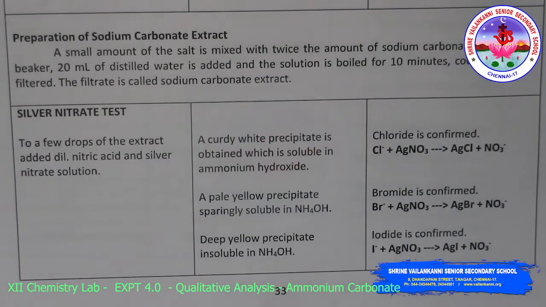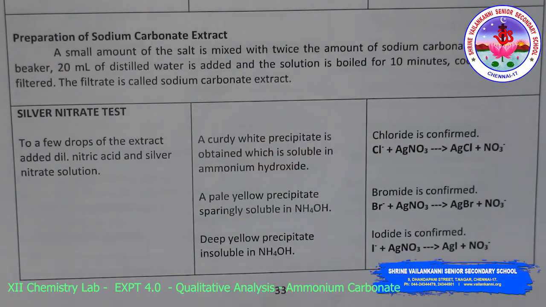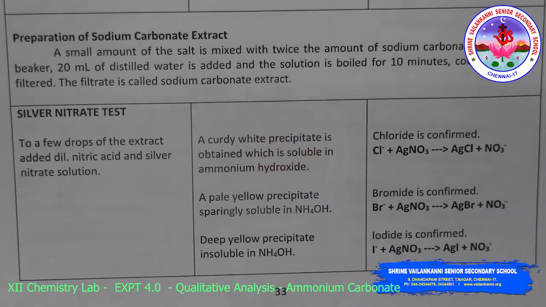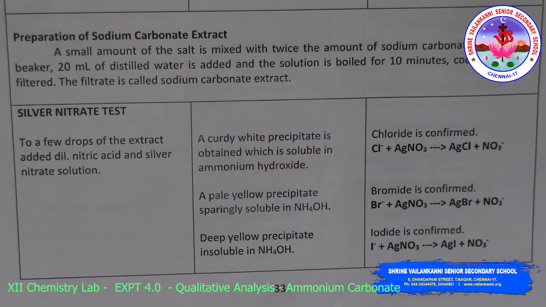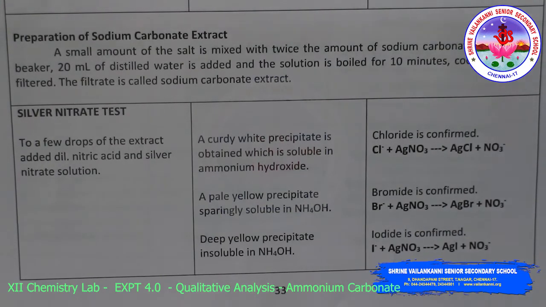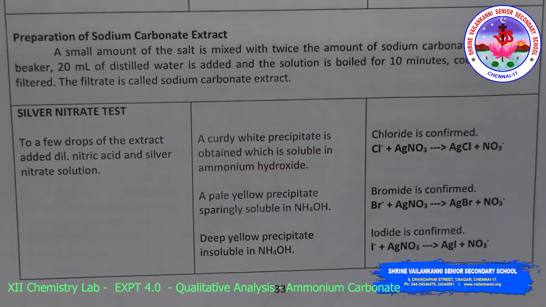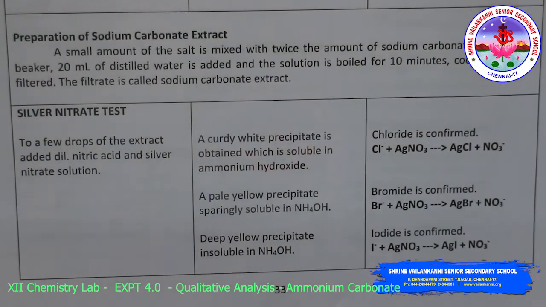After preparation of the sodium carbonate extract, you have to do some experiments with the extract solution, that is, identification and confirmation tests for acid radicals. First, the silver nitrate test. Take the extract and add dilute nitric acid and a few drops of silver nitrate solution.